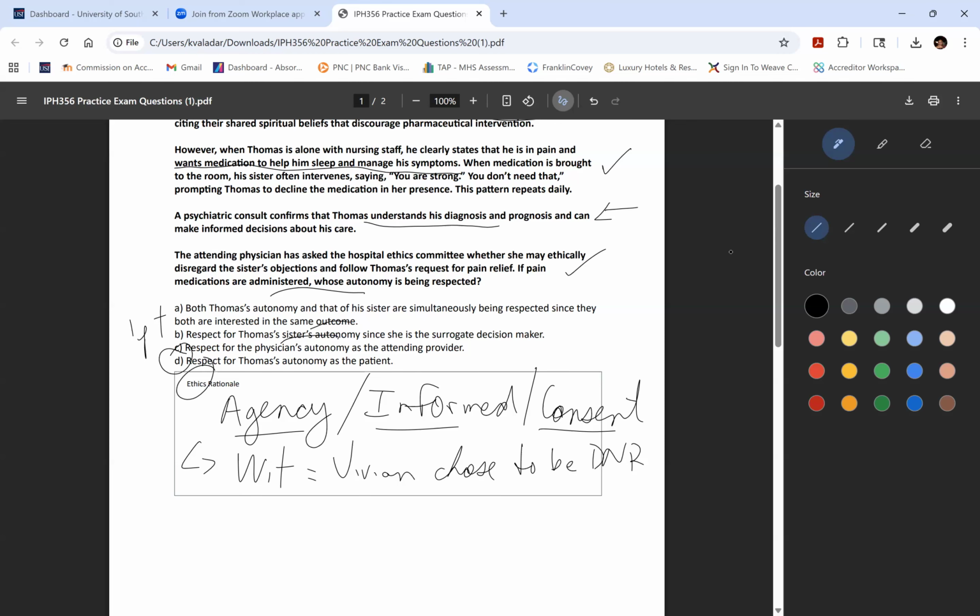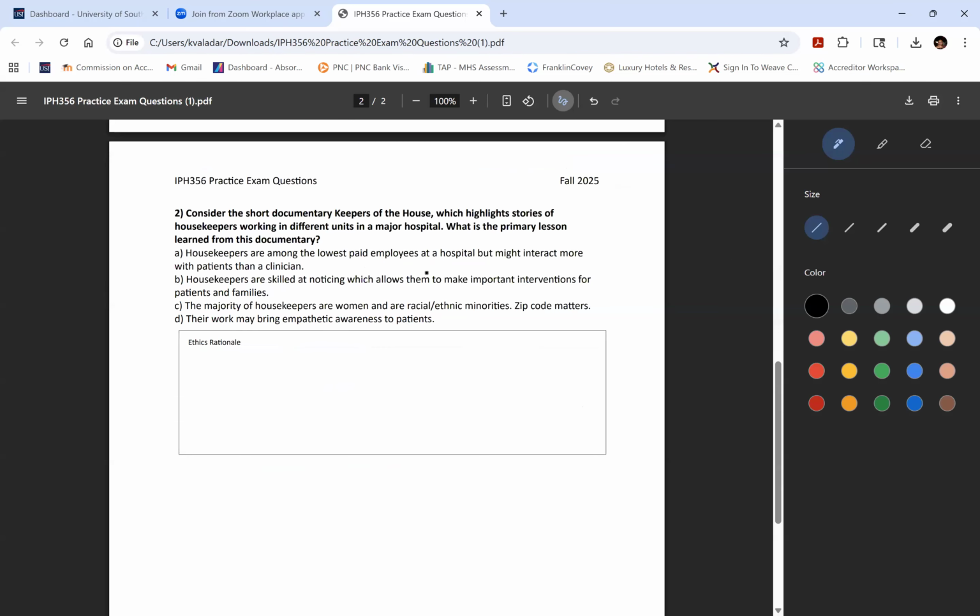She still had the ability, because she was informed. She had the ability right then with Susie to make that decision. That's agency, and she consented. Or in her case, she said, no, I don't want it. That's an example.